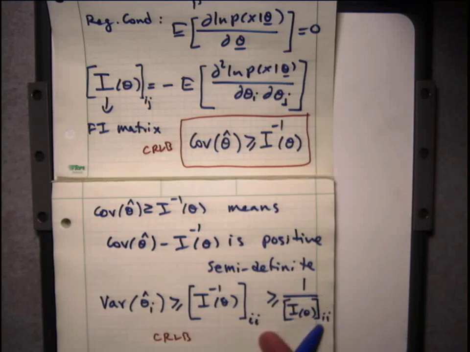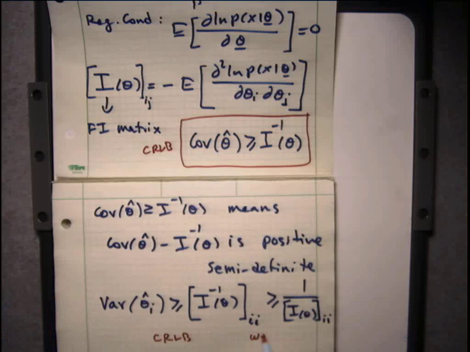I just take the ith element of the matrix itself and do 1 over it. Well, it turns out this is also a valid bound, but it's weaker than the Cramer-Rao bound. If it's diagonal, then it's fine, one and the same. So here, this is a weaker bound.